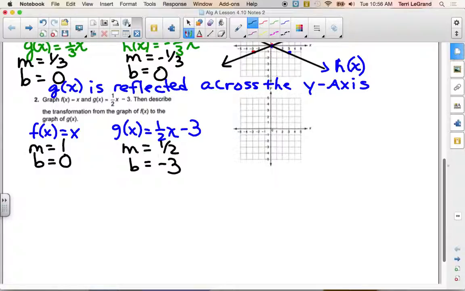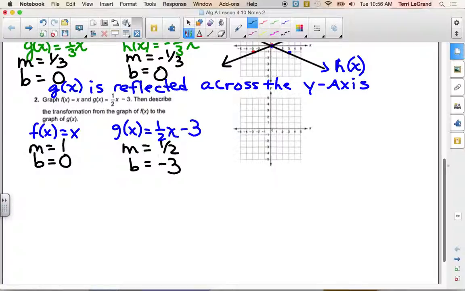If it's greater than 1, then it gets steeper if you're comparing it to the parent function. Or in other words, the larger the number gets, the steeper it gets. Okay? So is f of x going to get steeper when it becomes g of x? No. It's actually going to flatten out and get less steep. That's what should happen.